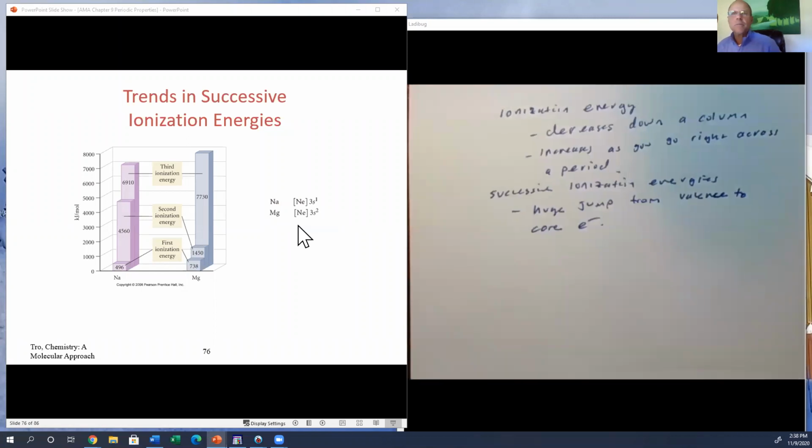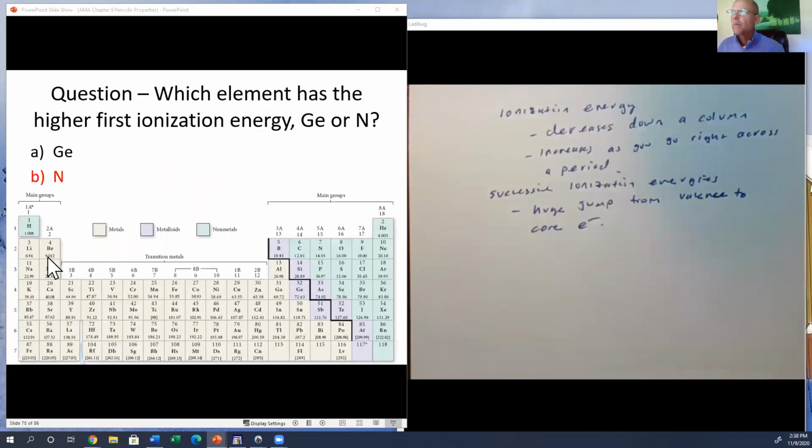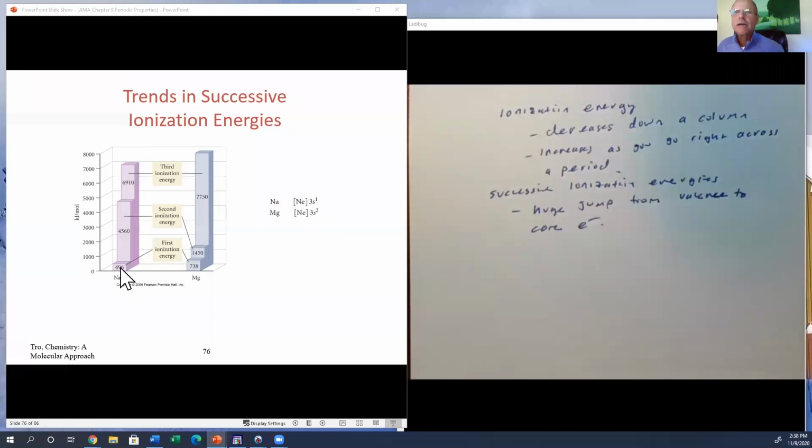So here's sodium. It has one valence electron. The first ionization energy is 496, and then it jumps to 4560. Why? This is a valence electron, and this is a core electron.